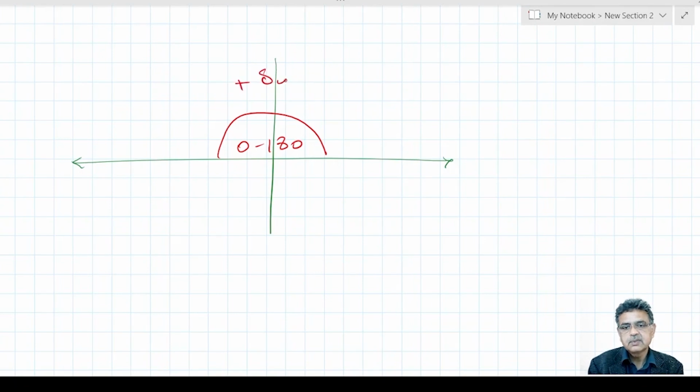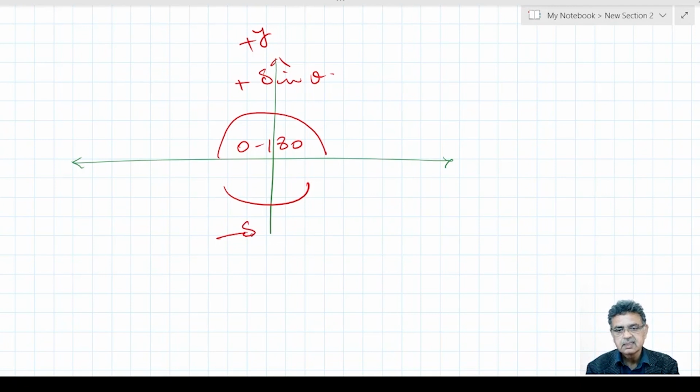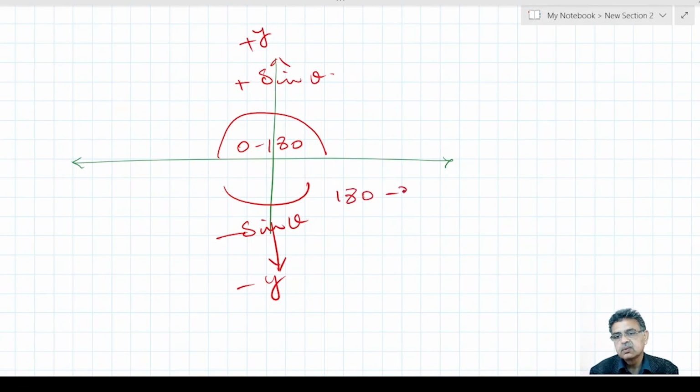Sine theta will be positive, and the reason is that y is positive here. In this region sine theta will be negative, and the reason is that y is negative. So for angles in these two quadrants, 180 to 360 degrees, sine theta is negative.